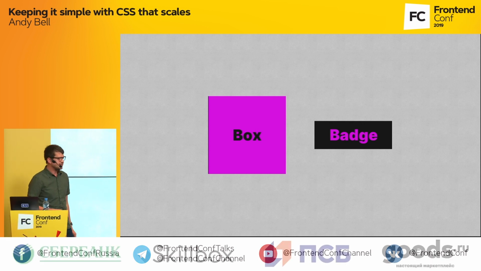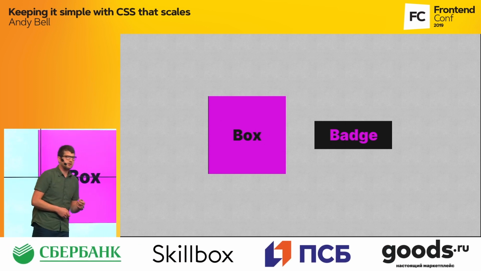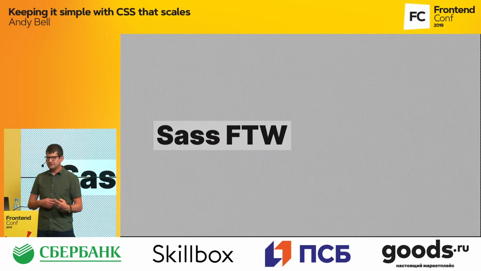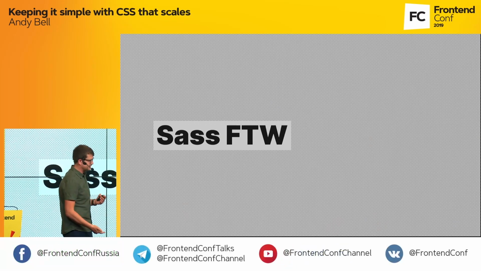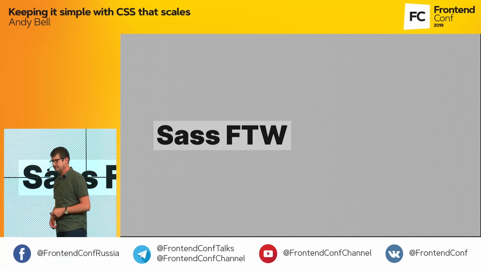But CSS does come up short still, and especially when you've got lots of CSS to write. And all of this native functionality that we get, custom properties and layout, are really cool, but I still like to lean on Sass.